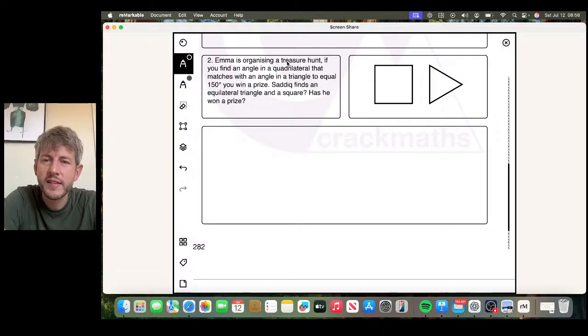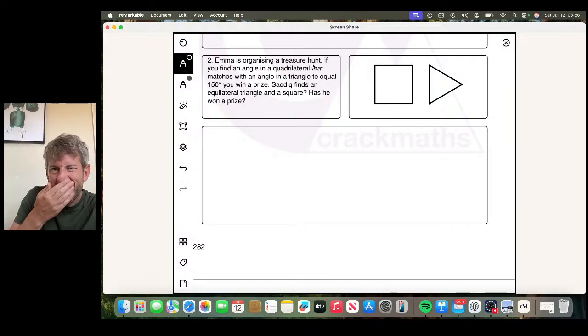Emma is organising a treasure hunt. If you find an angle in a quadrilateral that matches with an angle in a triangle to equal 150 degrees, you win a prize. Sadiq finds an equilateral triangle and a square. Has he won a prize?